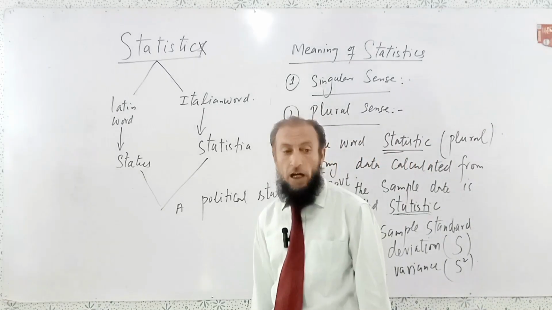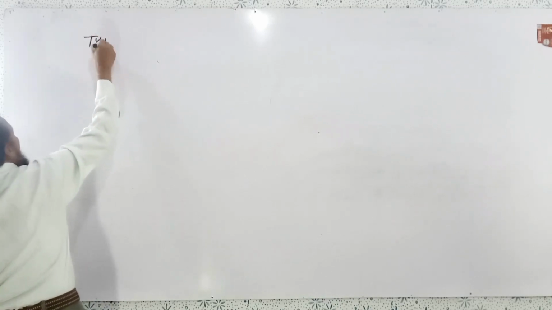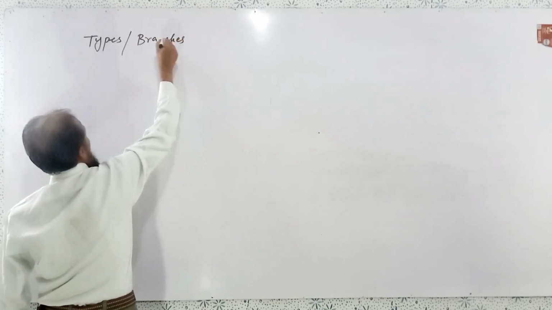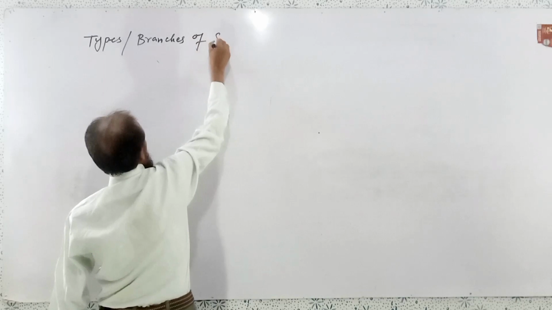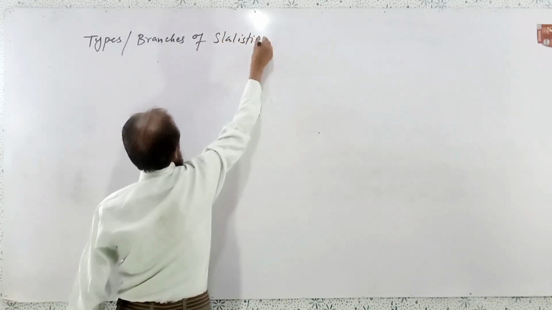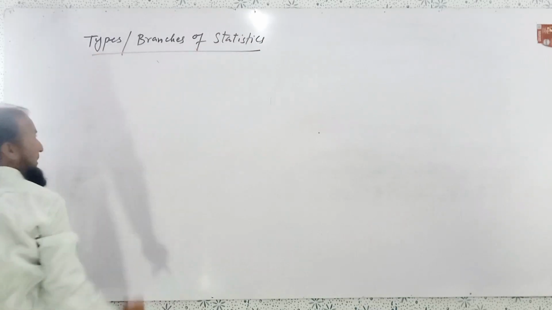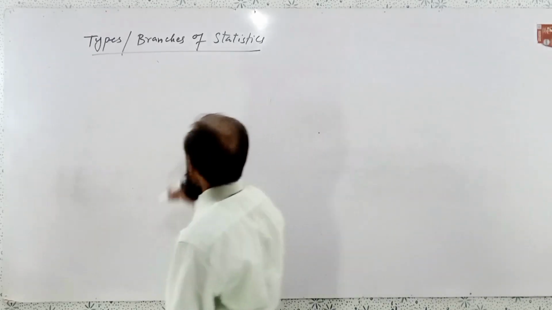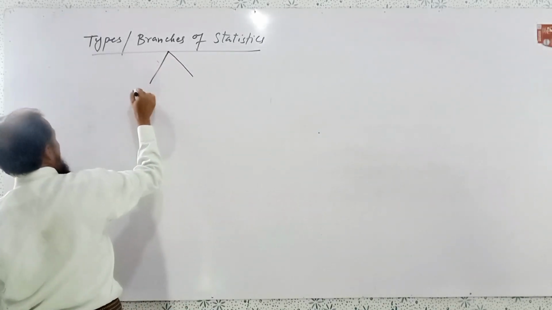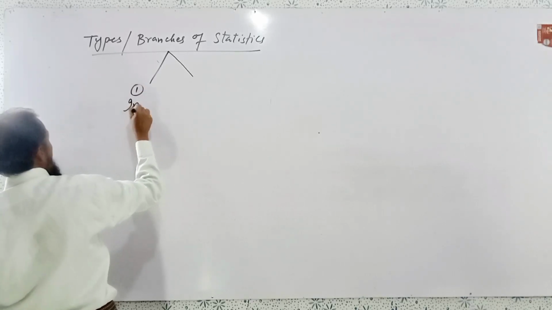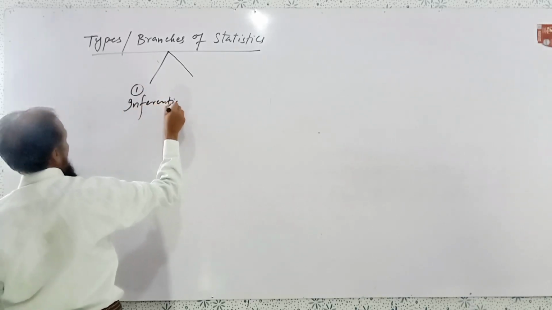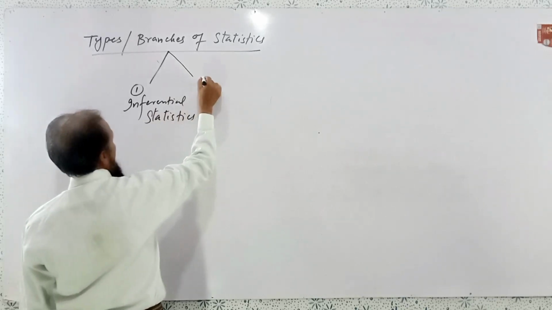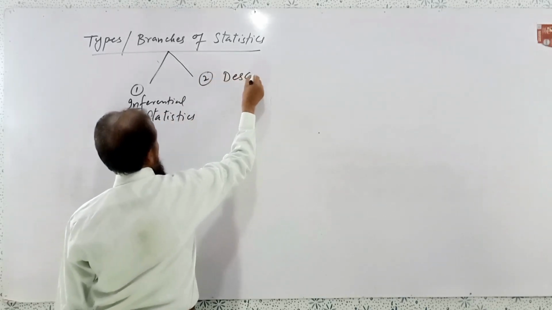Now we are discussing the types or branches of statistics. There are actually two branches of statistics. The first one is inferential statistics, and the second one is descriptive statistics.